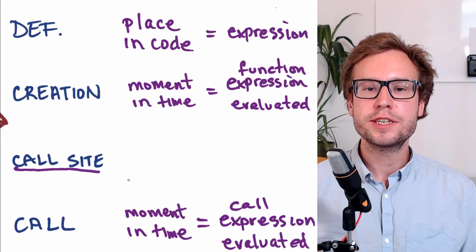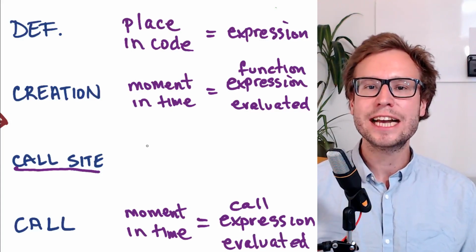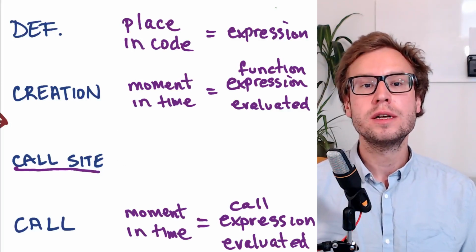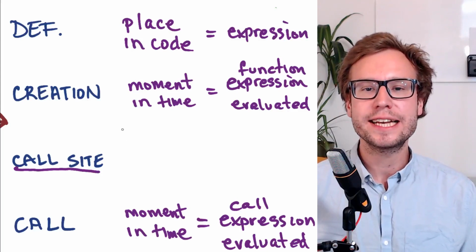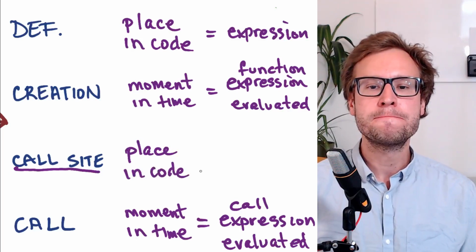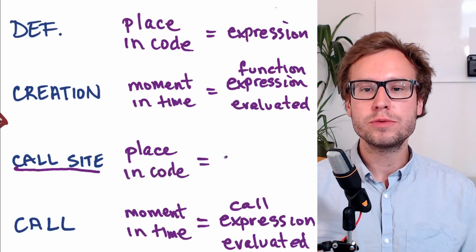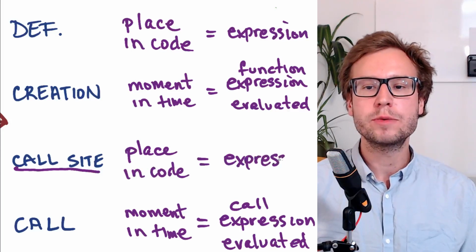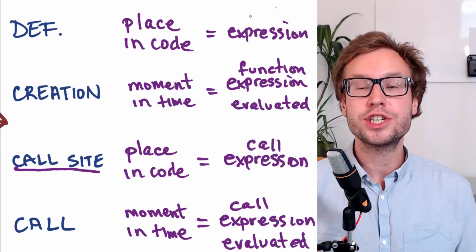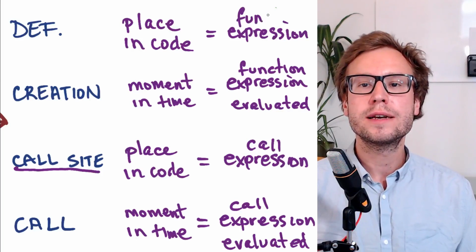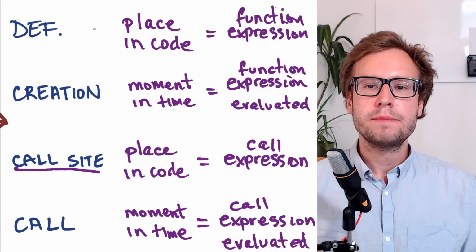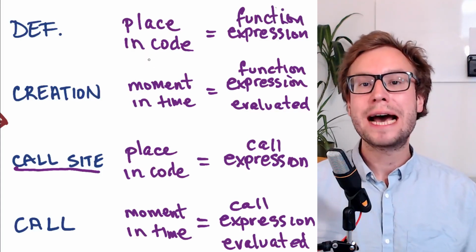But there's this missing row that I haven't filled out. It's the expression that corresponds to the definition in the case of creation, while the call site is the place in the code. And that corresponds to the expression that will be evaluated. So it's the location of the call expression, just like the definition is the location of the function expression. Makes sense. It's now showing you the pattern that we have here.